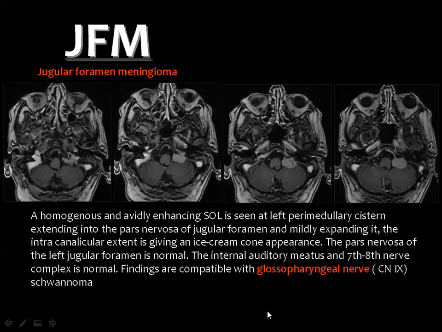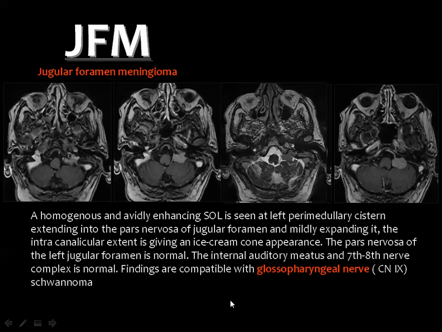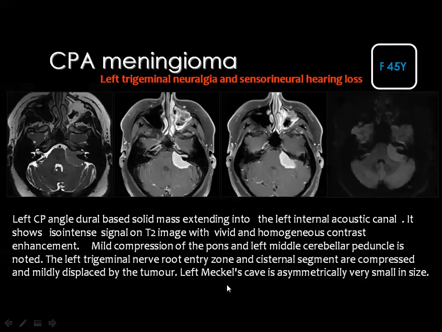These findings are compatible with a hypoglossal nerve schwannoma, which is included in the differential diagnosis, the schwannoma, as I have mentioned, but this was a neuroma. And this is the T2 weighted image of the same case.